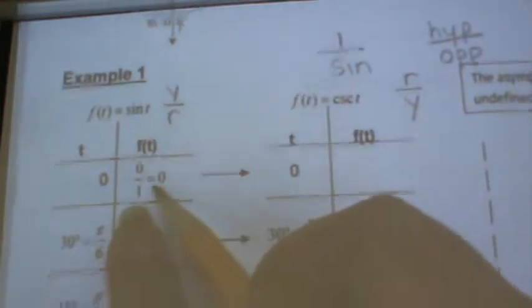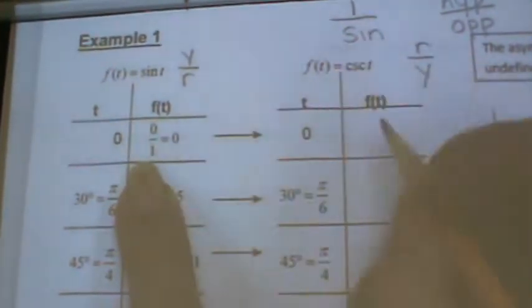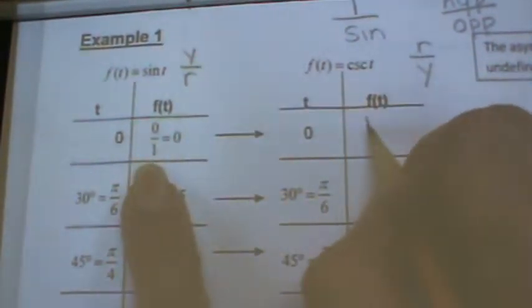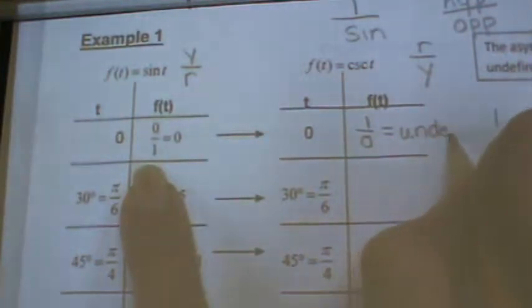So basically what you're doing is flipping these ordered pairs. So if you flip 0 over 1, what do you get? What's 1 over 0? No solution, undefined.